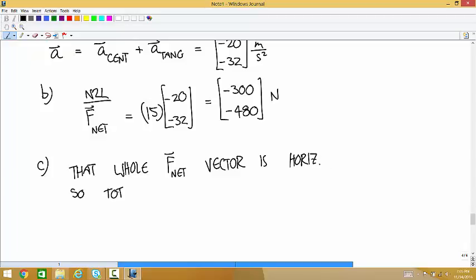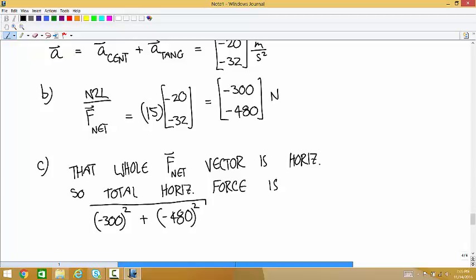So the total horizontal force is the magnitude of that. So it's negative 300 squared plus negative 480 squared, square root. Can someone calculate that for me? Anyways, it's a lot bigger than 100, that's for sure.